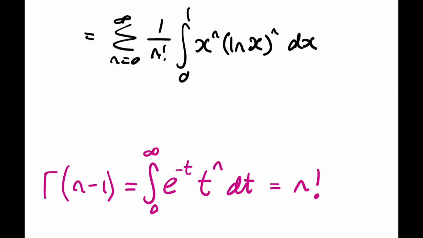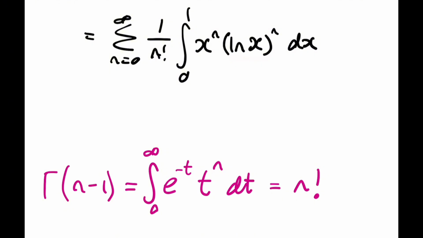The integral from 0 to 1 of x to the power of n times ln of x to the power of n. Now the motivation for doing this is, hopefully you can see a few parallels. We've got this x to the power of n here, and in the gamma function we've got this t to the power of n here. Not only that, but in the gamma function we've got some sort of exponential thing going on, and in our function we've got this natural log here.